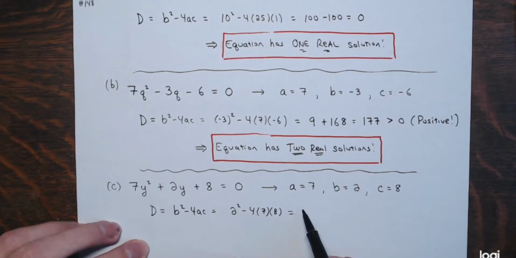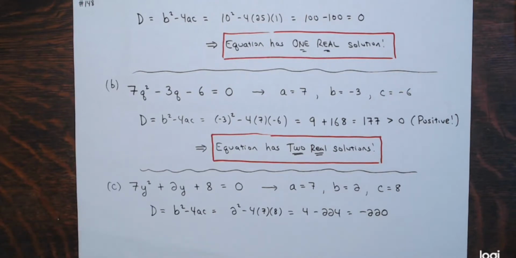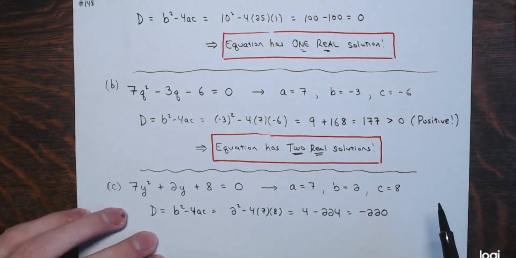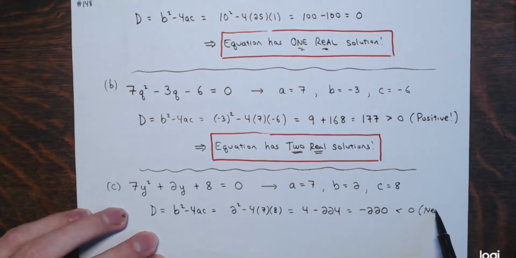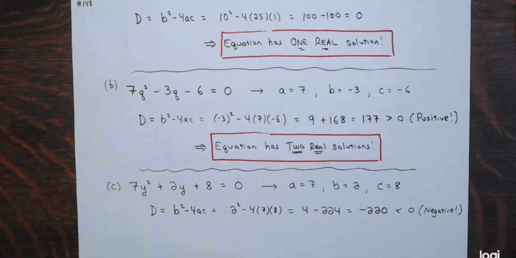So this is 4 minus, and then 4 times 56 is 224. This is negative 220. Right. Negative 220. Okay, definitely negative, right? Less than 0. And when you have a negative discriminant, that means you're taking the square root of a negative number in the quadratic formula when trying to find the solutions of this equation. And the square root of a negative number is imaginary, right?